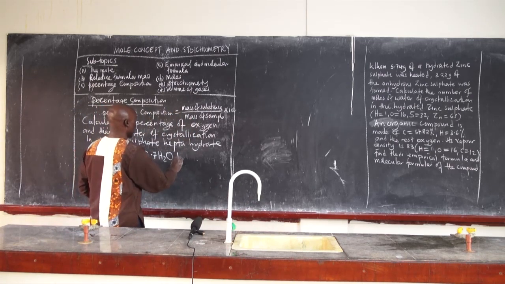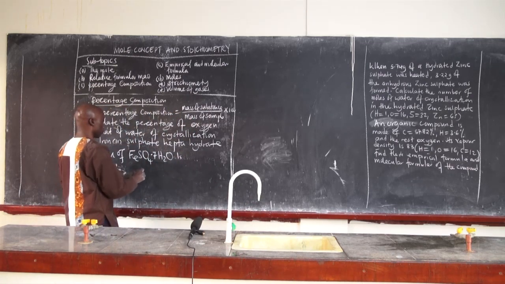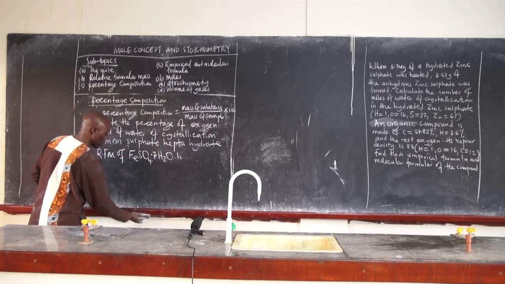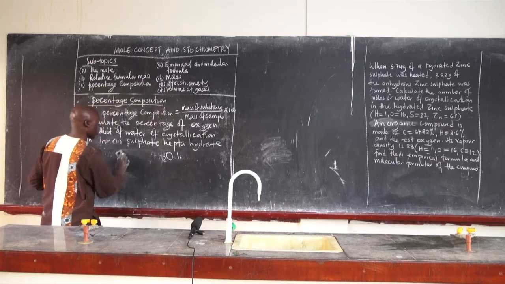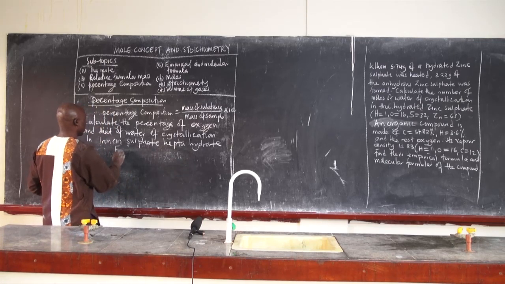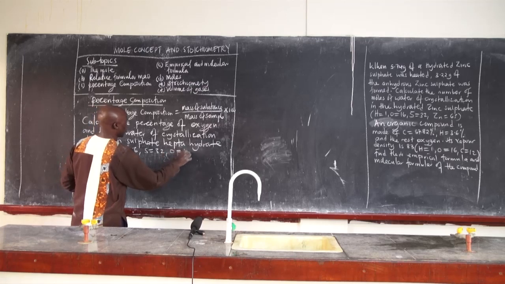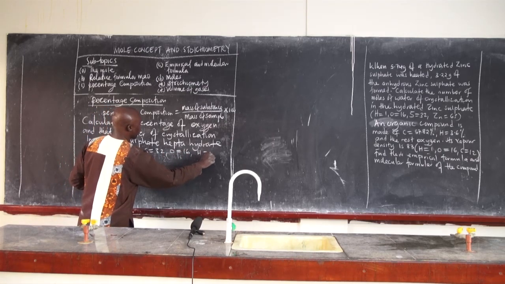So iron is 56, put that in the question. So iron 56, sulfur 32, oxygen 16, hydrogen 1.